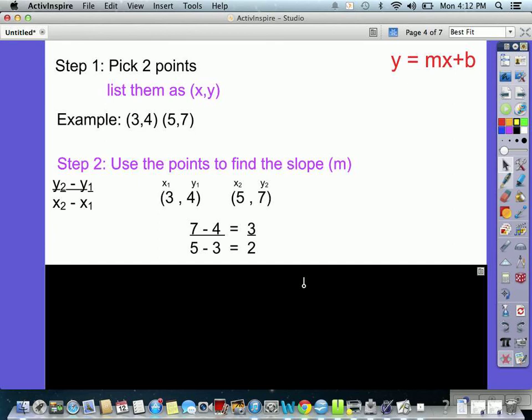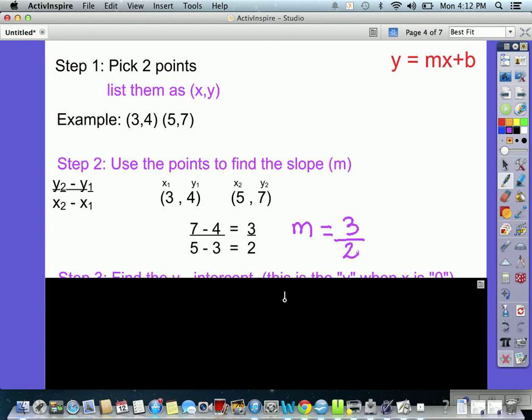So that is 7 minus 4 equals 3 over 5 minus 3, which equals 2. So now m is equal to 3 over 2. That is step 2. That's what you do at step 2.